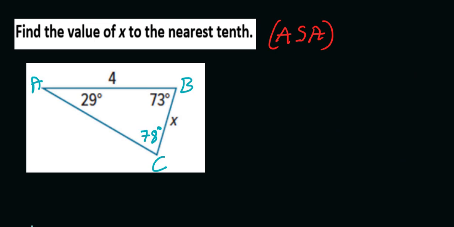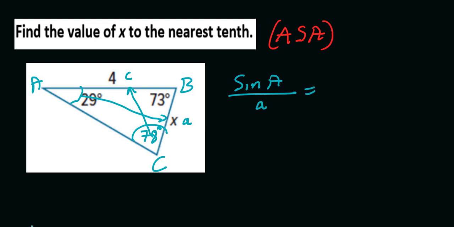All right, so now we see we have angle A and the side opposite, lowercase a, is X, and this is C, and the given side lowercase c is 4. So now we can apply the formula: sine A over lowercase a equals sine C over lowercase c.